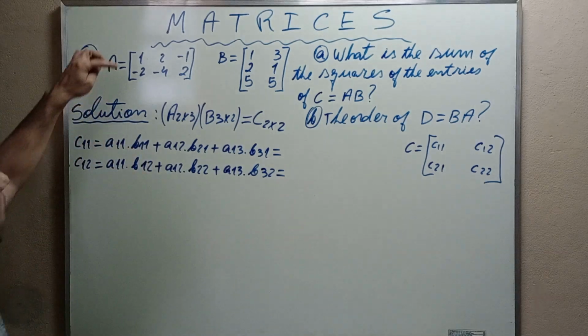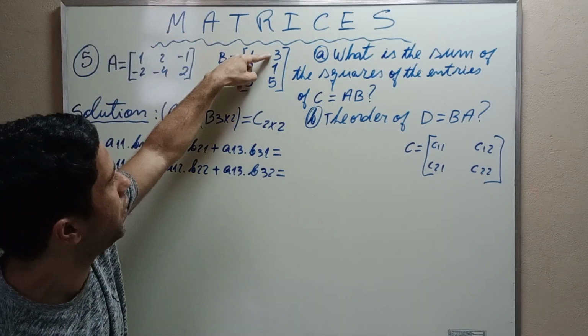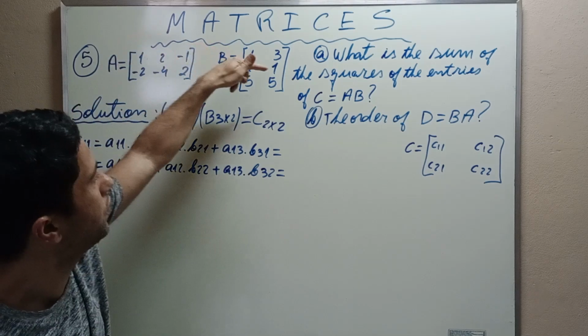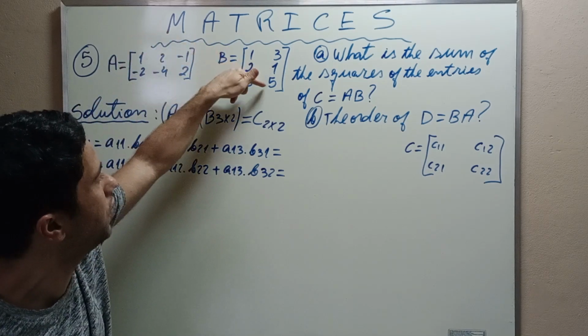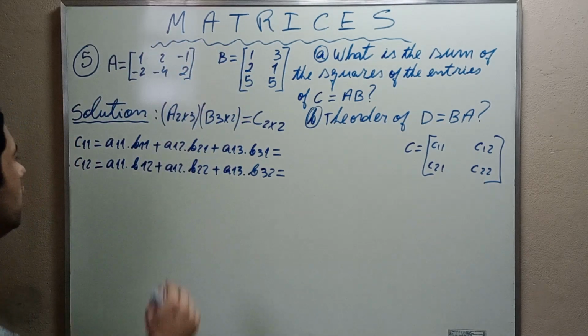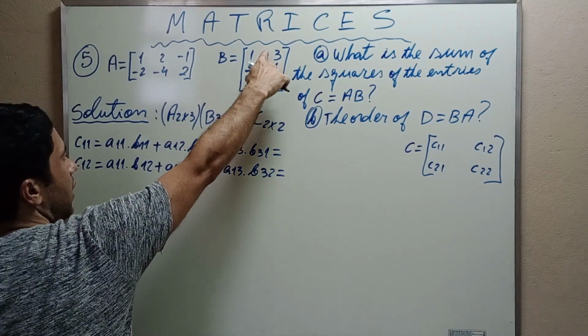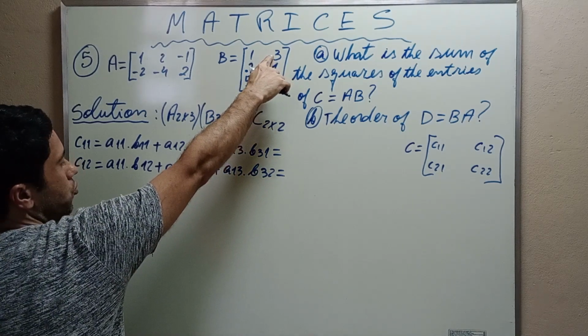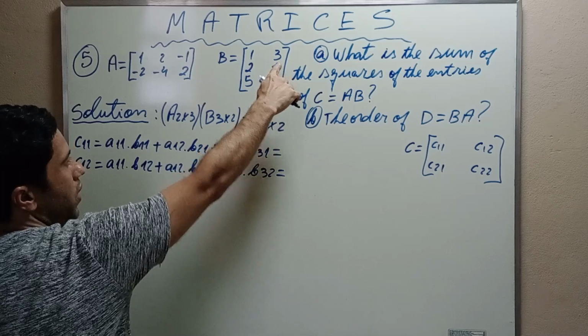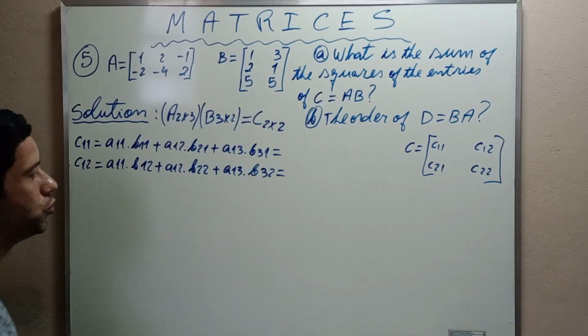Okay? This with this, this with this, and this with this, okay? This is A13, this is B12, this is B22, and this is B32.